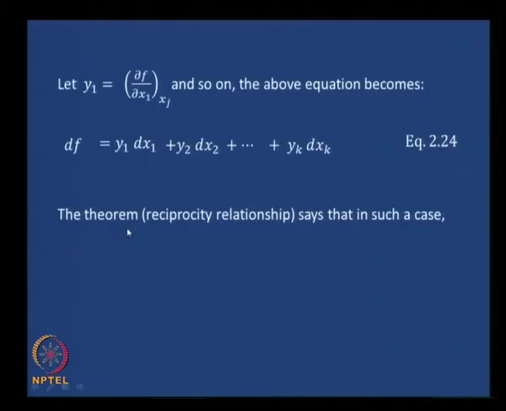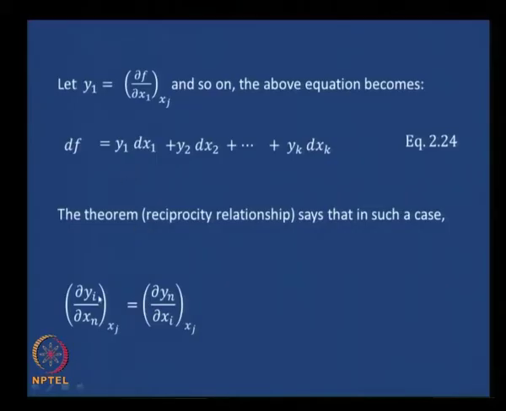The theorem that was mentioned initially, which is also known as the reciprocity relationship, says that when you can do this, that is df being expressed as y1 dx1 plus y2 dx2 and so on till yk dxk, dou yi by dou xn at constant xj equals dou yn by dou xi at all other xj's remaining constant.